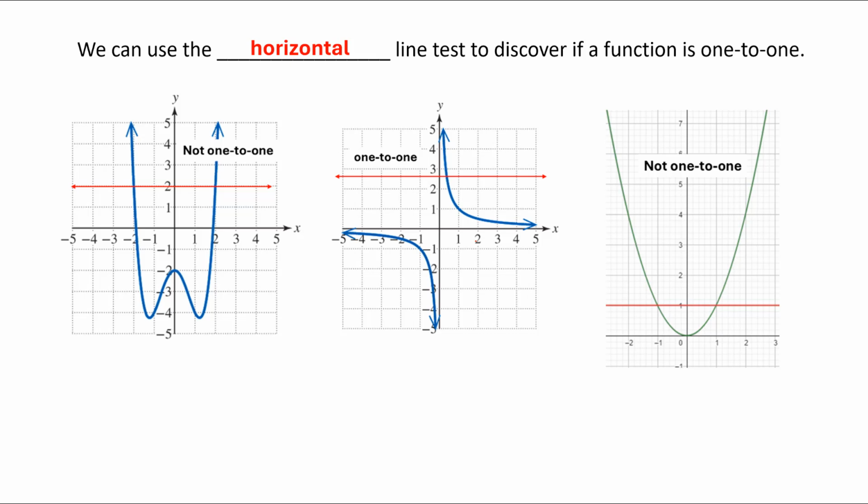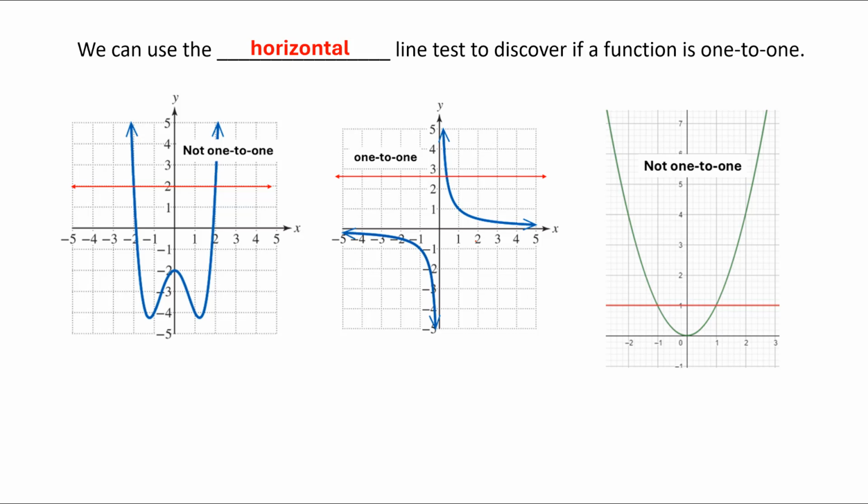Another way you can see if a graph is the graph of a one-to-one function is to first use the vertical line test to see if it's a function, because if it's not a function, it's definitely not a one-to-one function. Then use the horizontal line test to see if every y has exactly one x. So if you look at this function on the far left, that is a function.